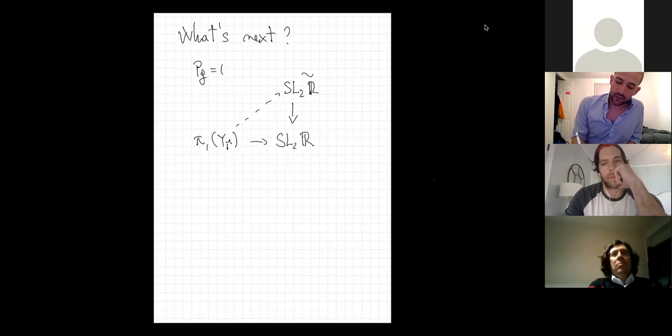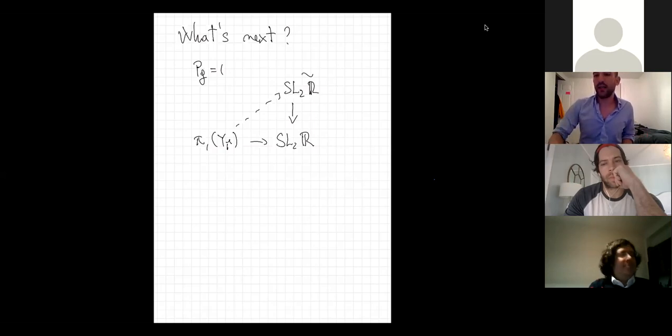So somehow you become interested in proving the existence of non-trivial representations of the fundamental group in SL2R.